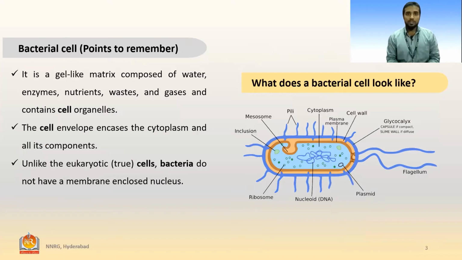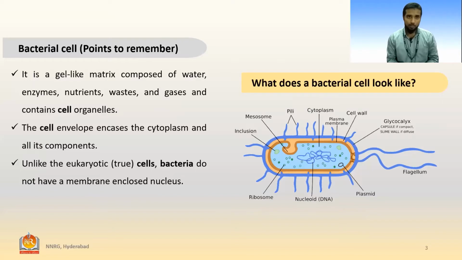In order to understand bacteria, you first need to remember 3 points. The first one is the bacterial cell contains a fluid-like substance within it. Every cell contains a fluid within it, isn't it? That fluid, we can call it plasma if it is blood, right? Or if we consider a cell, there is certain fluid within it. If it is within the nucleus, it will be called nucleoplasm, and if it is within the cell, it is called cytoplasm.